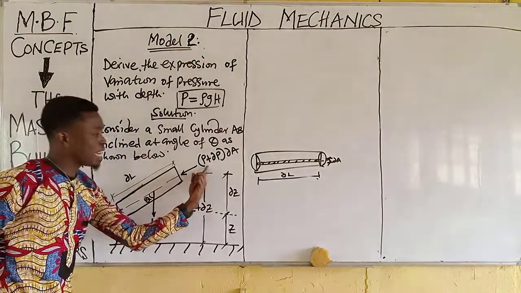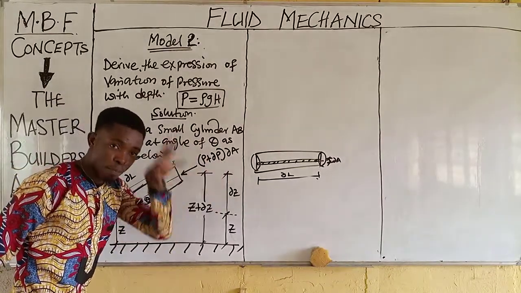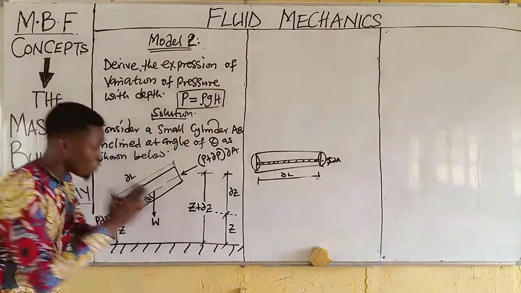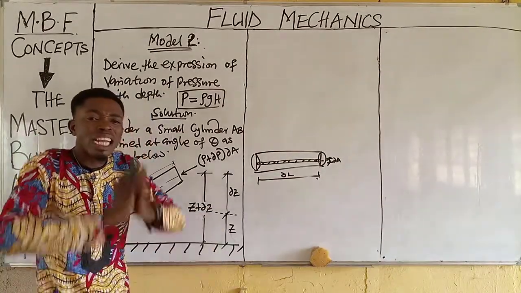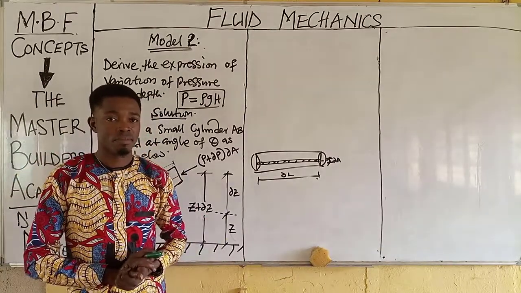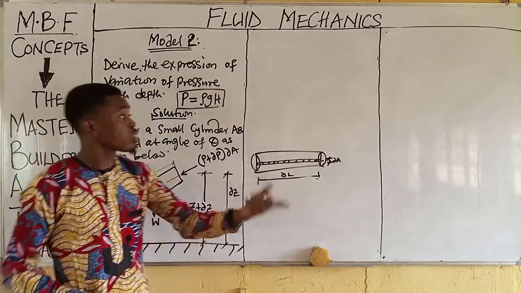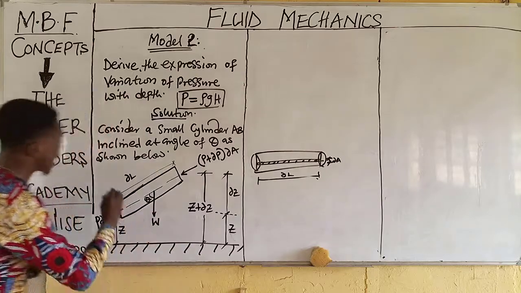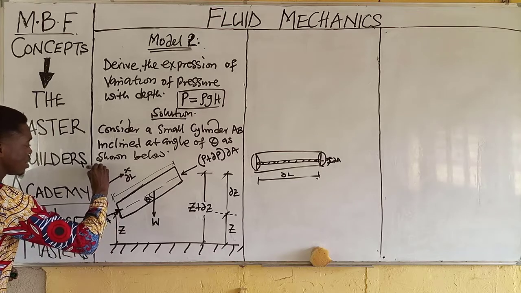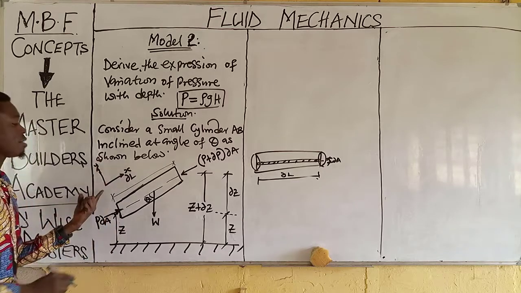Now I have explained that this is already in terms of force, and this is also in terms of force. So the first thing we are quickly going to do here is to resolve this system. To resolve it, we will consider that this is X and this is Y, inclined.